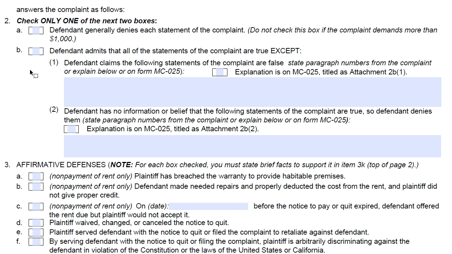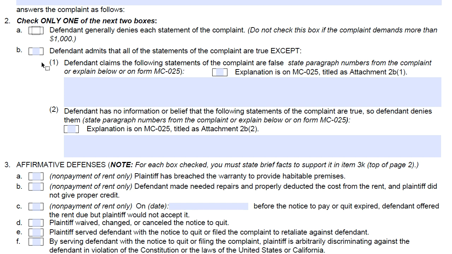Okay, now down to paragraph number 2. So if the complaint for eviction is not asking for any money and you deny everything in that complaint, you may check box A, which basically says that none of it is true and you disagree with being evicted.